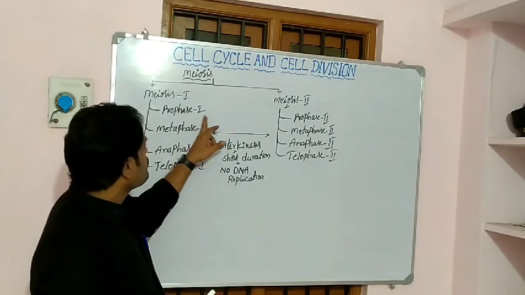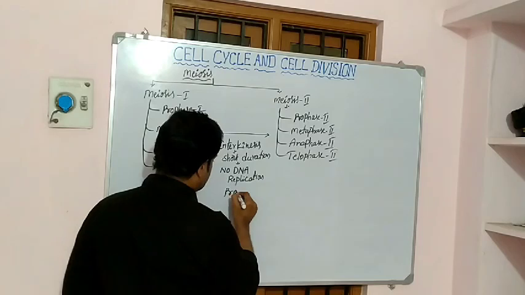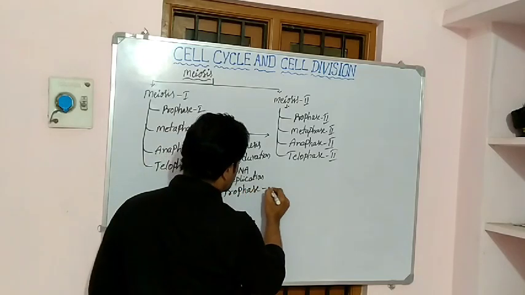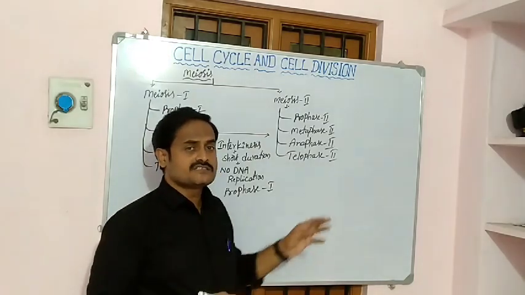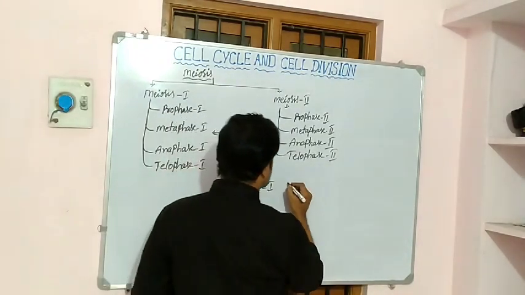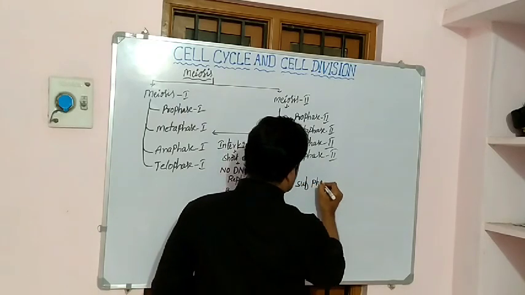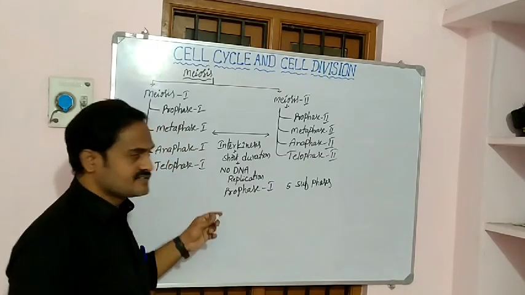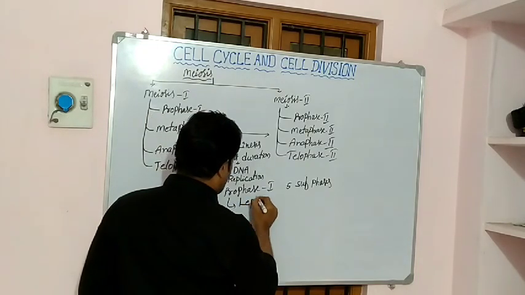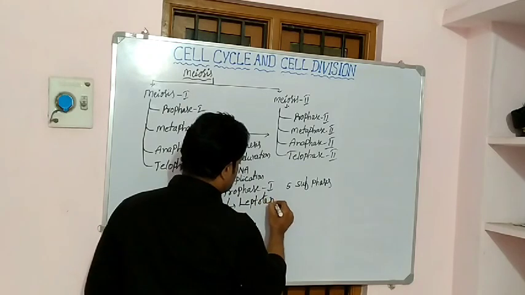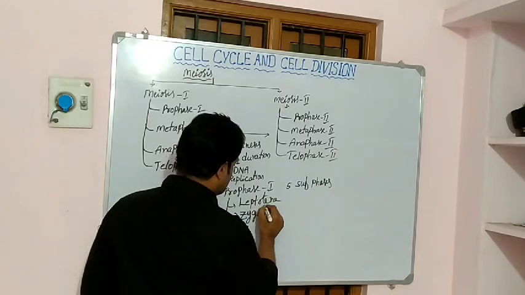Then coming to prophase 1. Here prophase 1 is very important. Prophase 1 consists of 5 subphases. Remember, what are the 5 subphases? First one is leptotene. Next, zygotene.